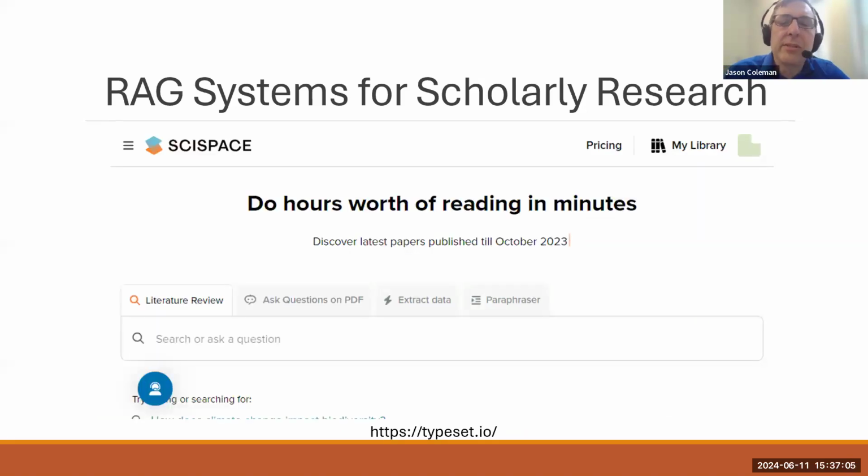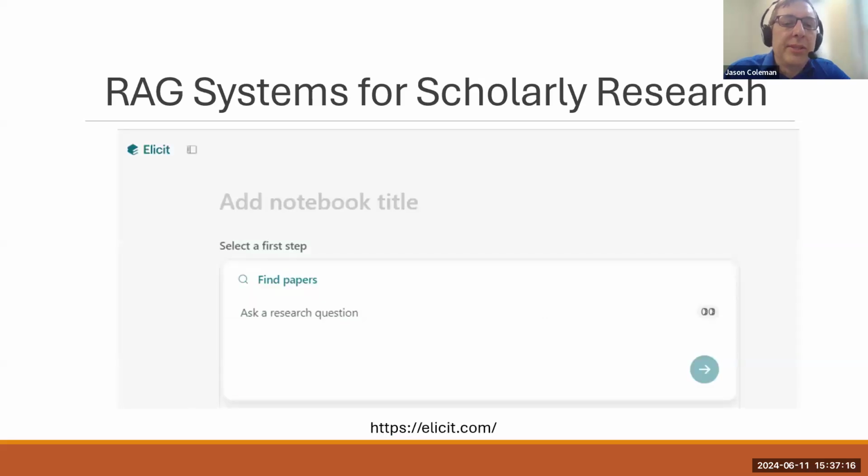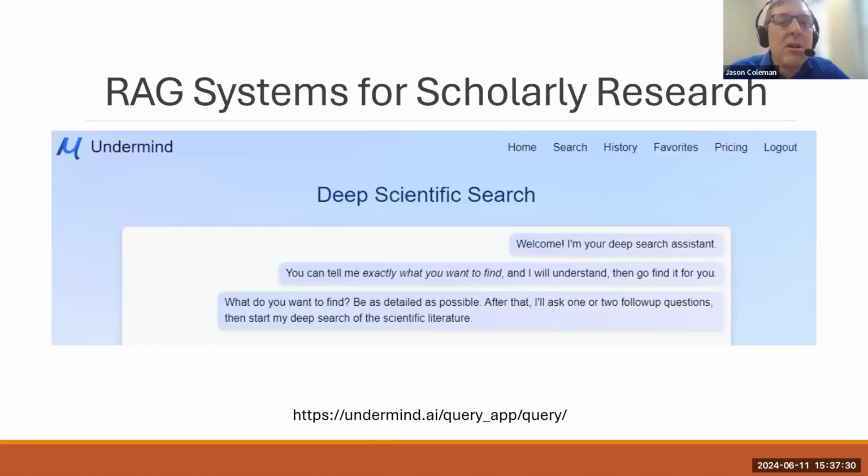This is SciSpace's opening screen, and they just want you to ask a question. This is Elicit, very similar, very clean screen. Both of those are leveraging primarily Semantic Scholar's set of databases, also PubMed, which is included within Semantic Scholar.